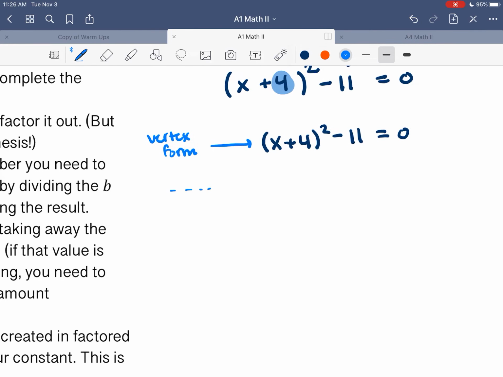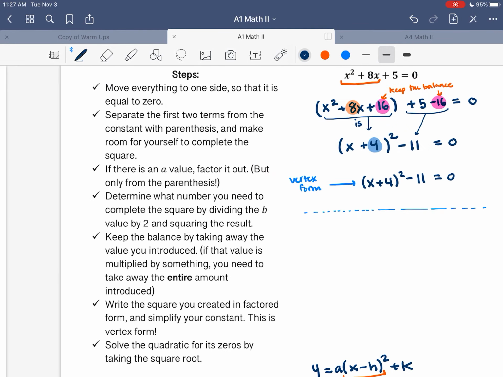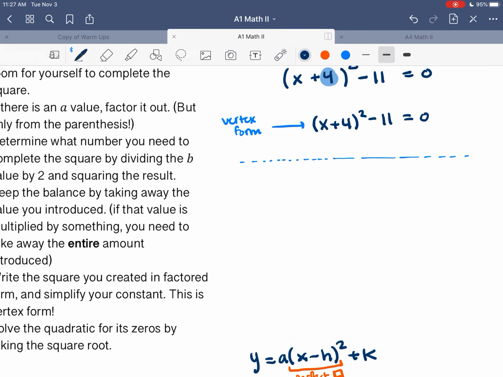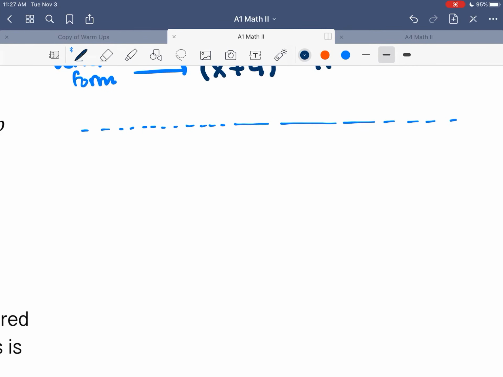And then I'm going to write a little line, because getting it to vertex form is really the hardest part, and probably the most useful thing that you can do with completing the square. The steps here also continue and explain how to find the solutions, right? This whole unit is about finding solutions of quadratics.